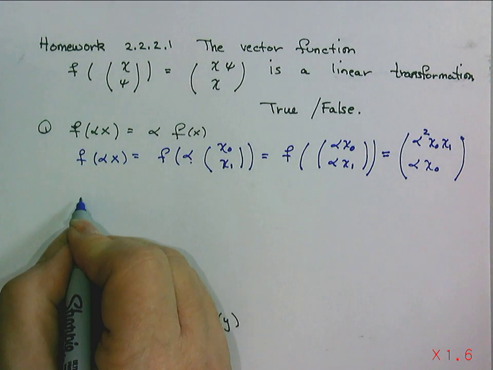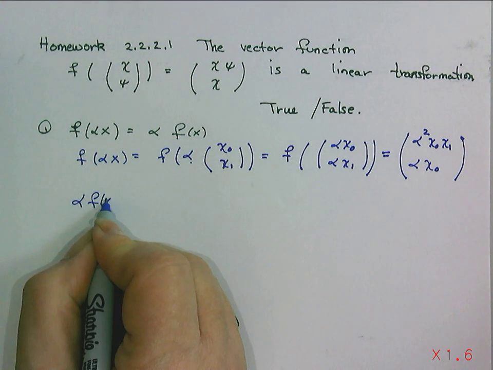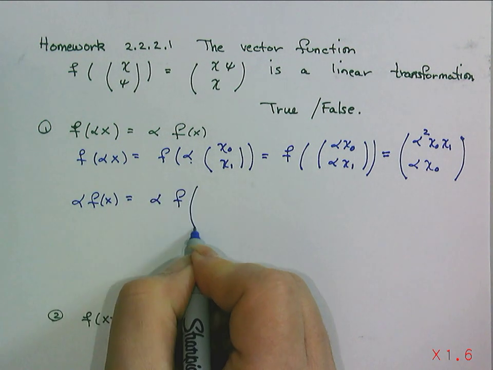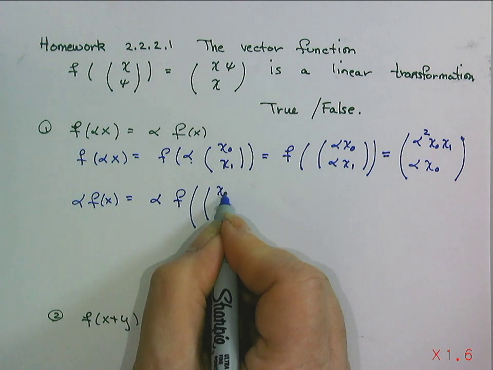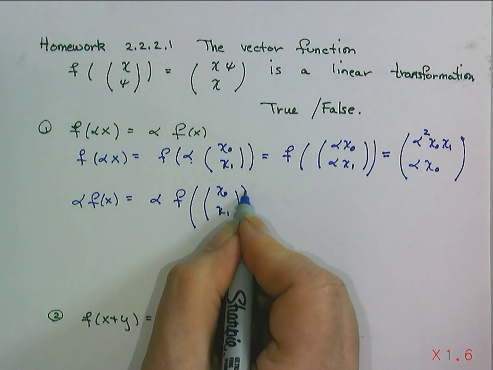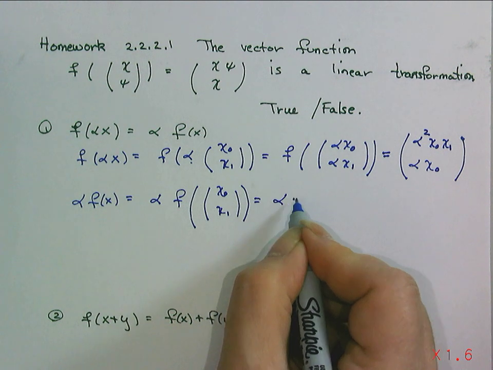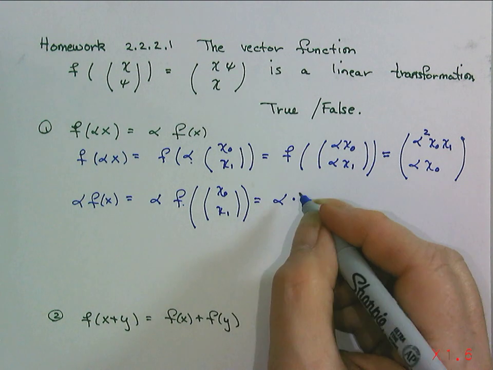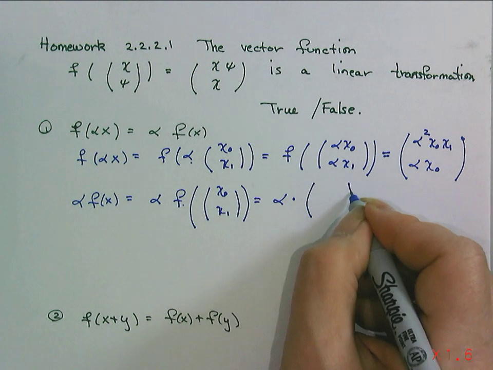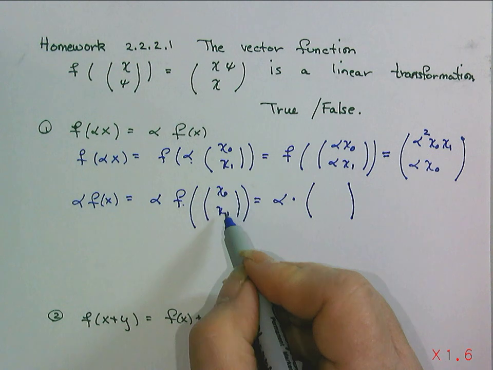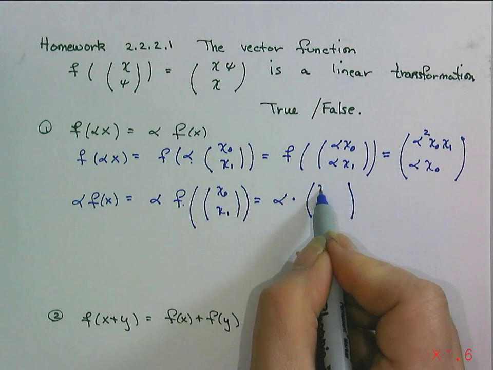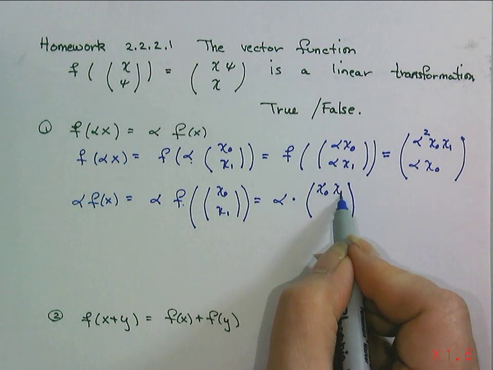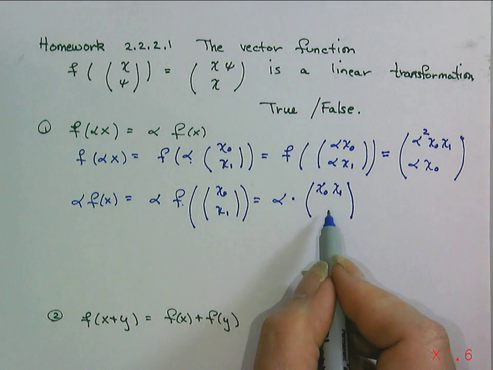Now, if we look at alpha times f of x, that would be alpha times f of the vector with components chi sub 0, chi sub 1, which is alpha times, let's see, f of chi sub 0, chi sub 1 is the vector whose first component is going to be the product of chi sub 0 times chi sub 1, and the second component is just going to be chi sub 0.